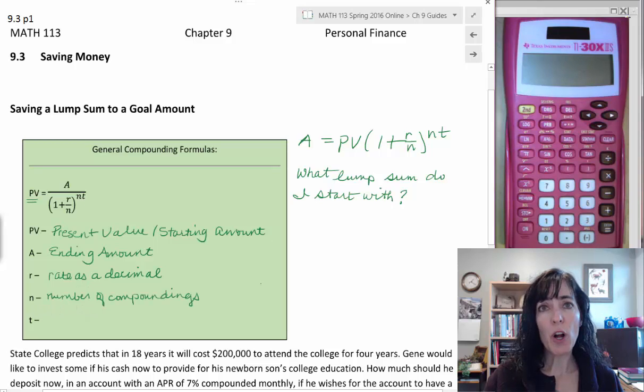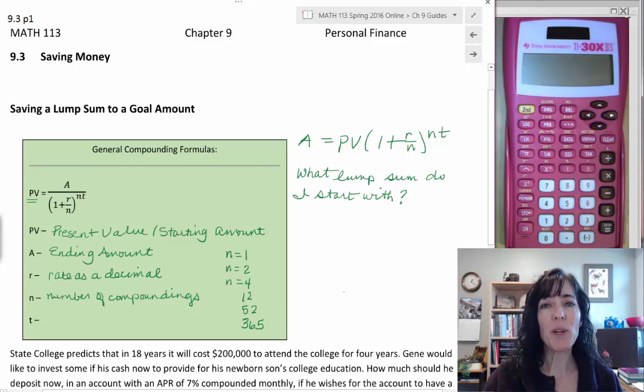And remember, on our last time when we used this formula, we came up with all of the different n's that you might have. You could have n equals 1 for annually, n equals 2 for semi-annually, n equals 4 for quarterly, and then you would have 12 for monthly, 52 for weekly, and 365 for daily.